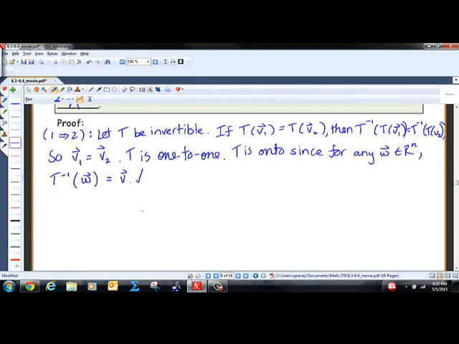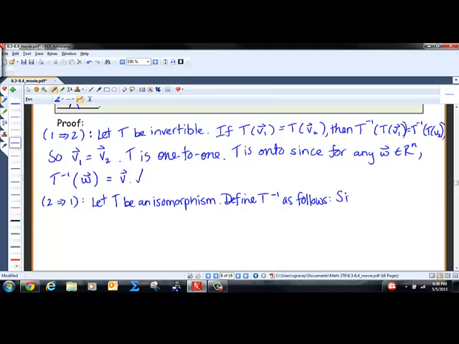Next up, we have 2 implies 1. So let's see what we're doing. Now our supposition is that T is an isomorphism. So that means that T is one-to-one and onto. So let's define T inverse as follows. So here we go.